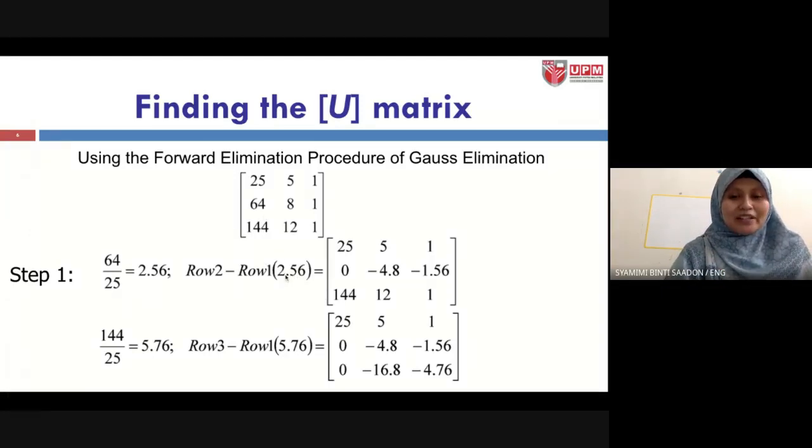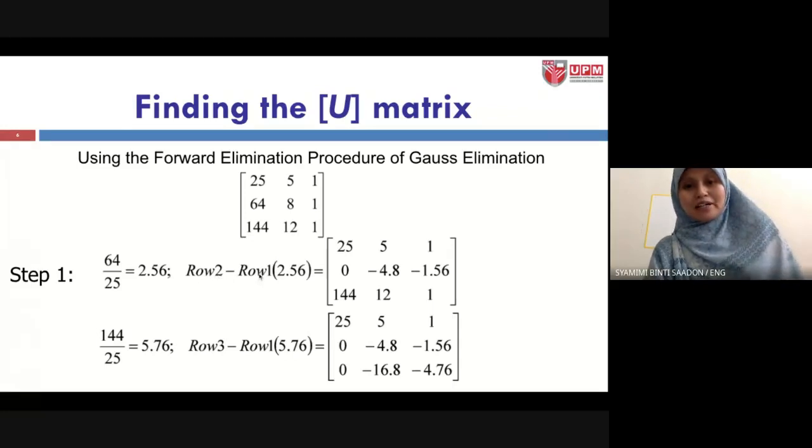If we multiply this coefficient back with the first term of the first row, 25 here, then we will get 0 here. So row 2, 64 minus 25 multiplied by 2.56, this term will be 0.